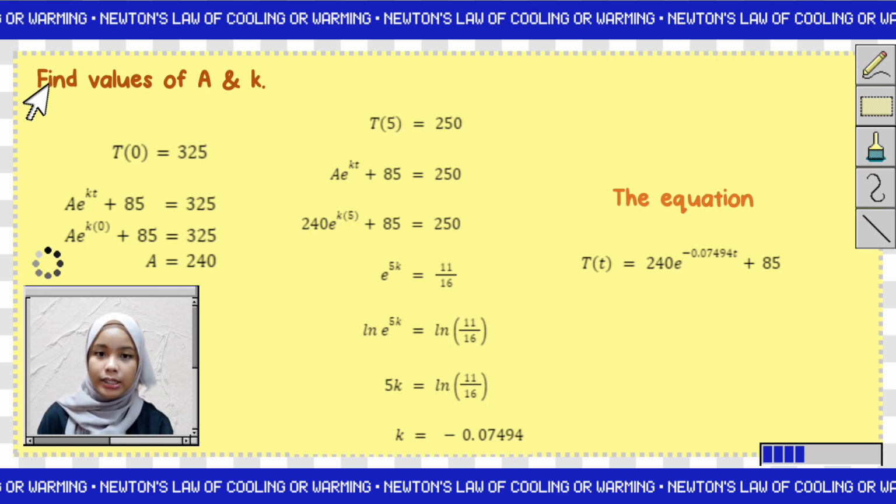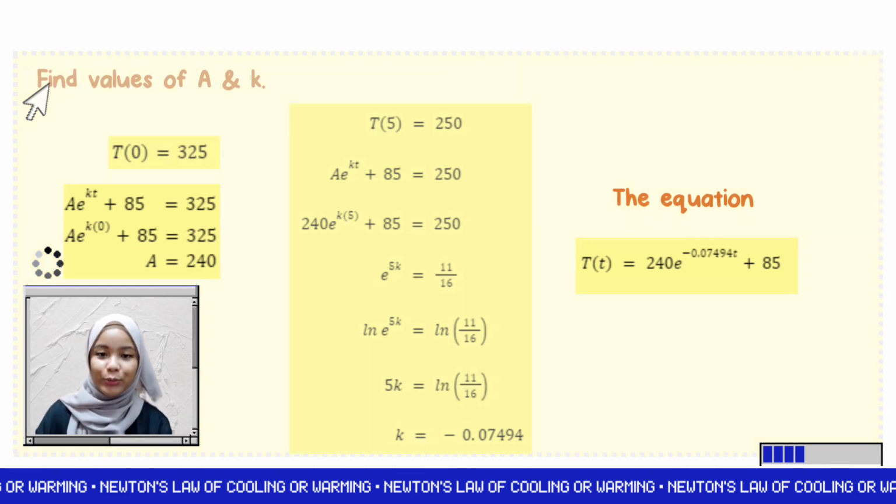We haven't finished yet. We need to substitute back all the values of A and k into the general solution. After all, the equation describing the temperature of the pipe at time t is 240e^(-0.07494t) + 85. Now we can solve questions 1 and 2.